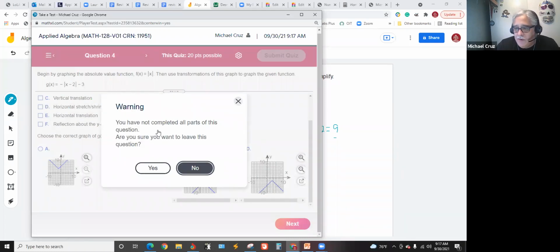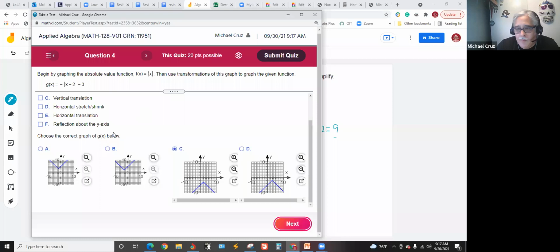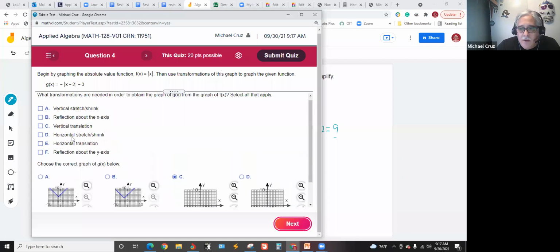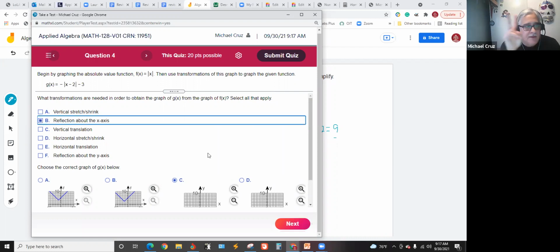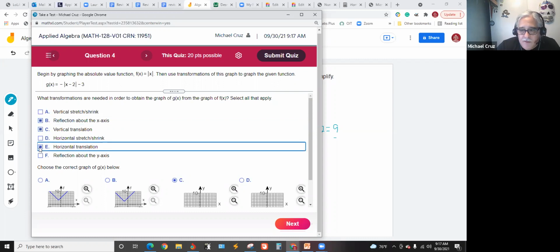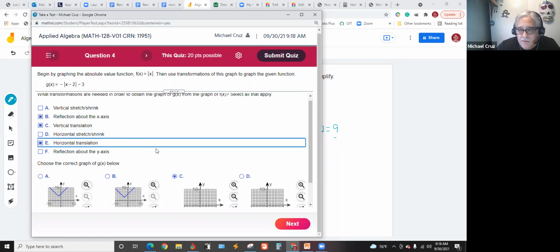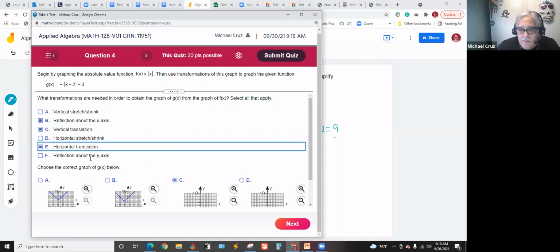Oops, what did I leave undone? Oh, okay. What transformations are needed in order to obtain the graph? So all apply. It's a reflection about the x-axis. That's the turning upside down. And then there's a vertical and then the horizontal shift, I call them, but they say translation.